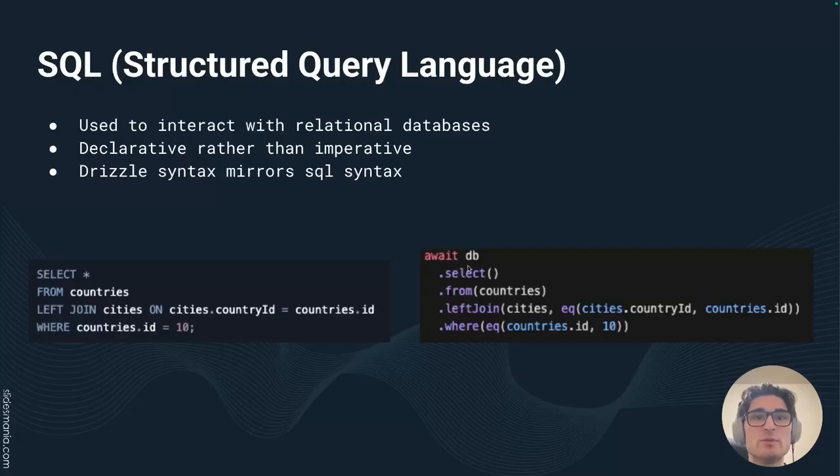Technically, we're going to be writing Drizzle ORM code, but as you can see, one of the core philosophies of Drizzle ORM is that it maps extremely closely to the underlying SQL code, right? So as we are selecting from a table, performing a join, and having a condition, you can see it maps very closely to a SQL query.